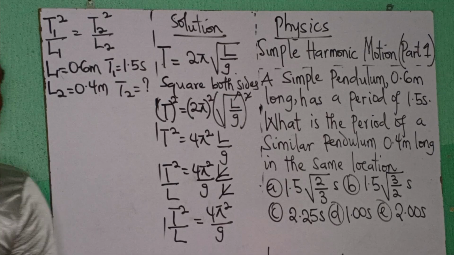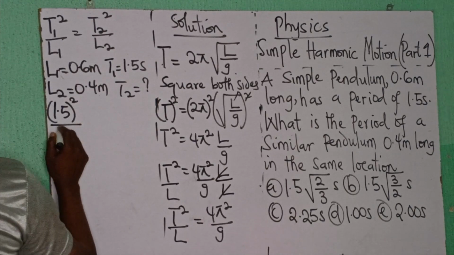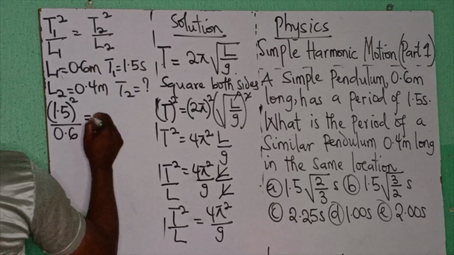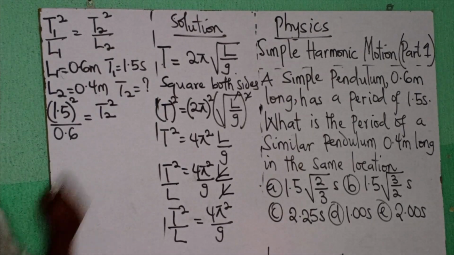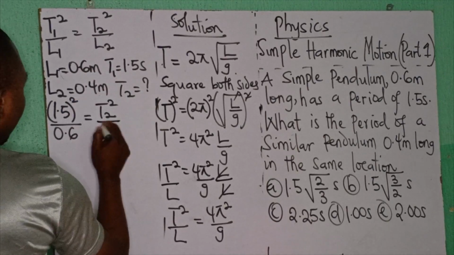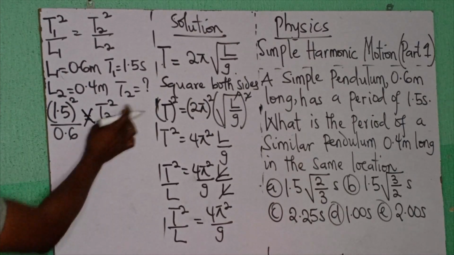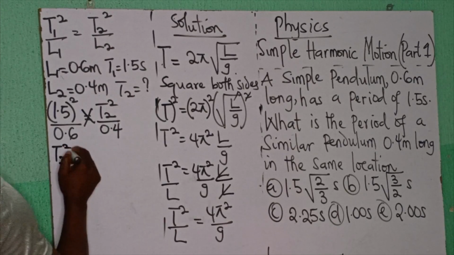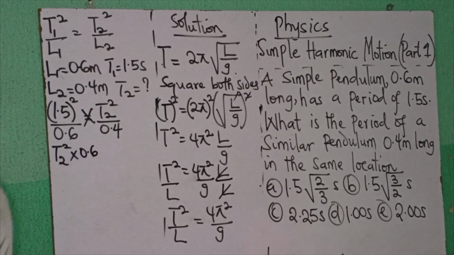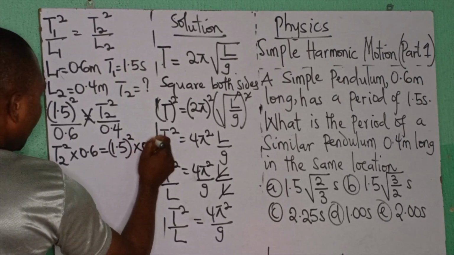Let me put them into this formula now. My T1 is 1.5, so I'm having 1.5 all squared over my L1, which is 0.6, equals my T2 all squared, which is unknown, over my L2, which is 0.4. Now if I cross multiply, I'm having T2 squared times 0.6 equals 1.5 raised to the power of 2 times 0.4.